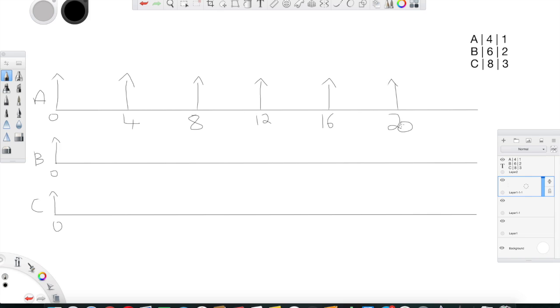And finally, 20 plus 4 is 24, which is the end of our window. So task A has a period of 4, therefore we drew the expected arrival time of this task again to the system every 4 clock ticks.